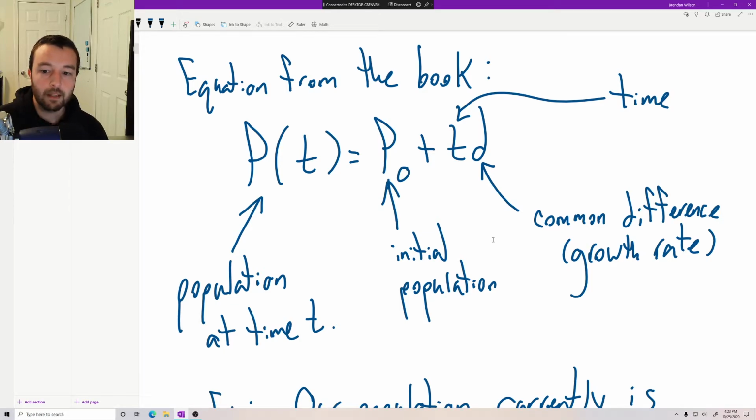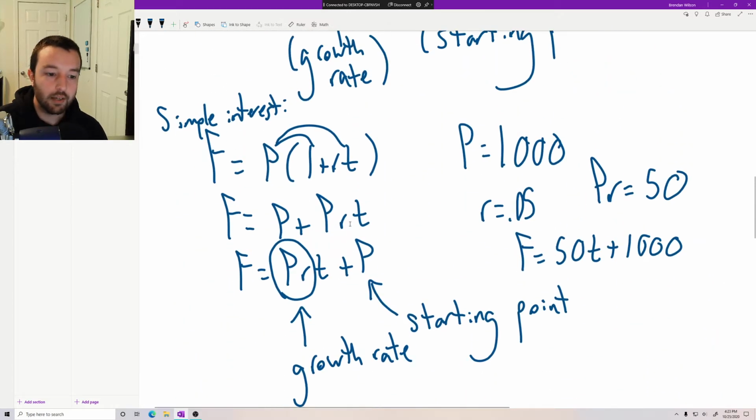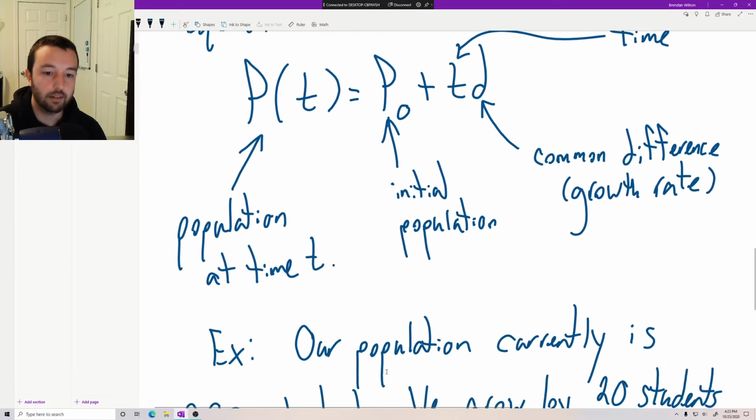But it's a rate, just not in the percentage sense. It's talking about the actual number we're growing by, which is why up here it wasn't just R, it was P times R. That's the actual number that our money was going up by.